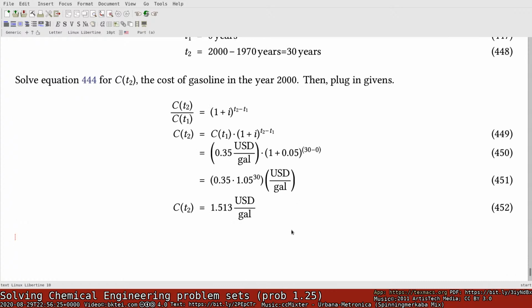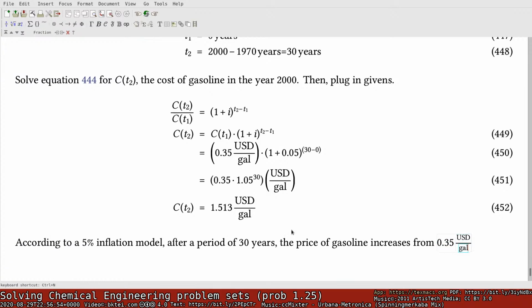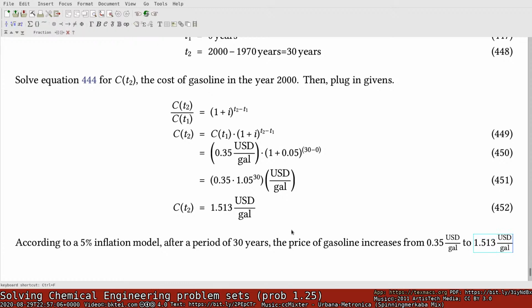Okay, so in a period of 30 years, the price of gasoline, according to the model, to a 5% inflation model, after a period of 30 years, increases from 0.35 USD per gallon to 1.513 USD per gallon.